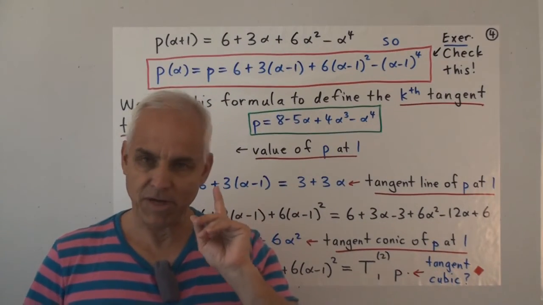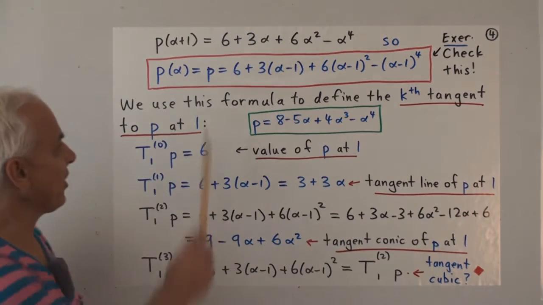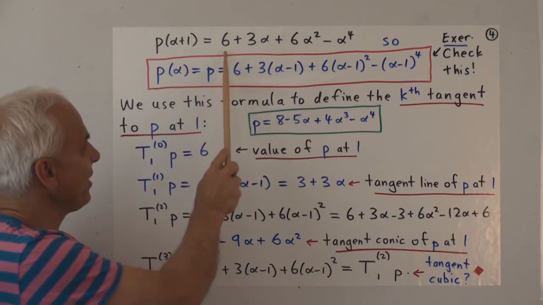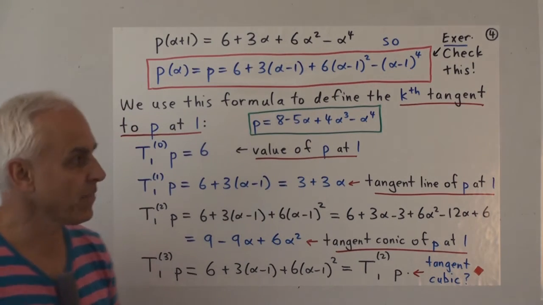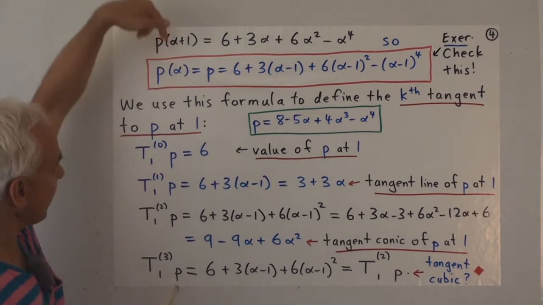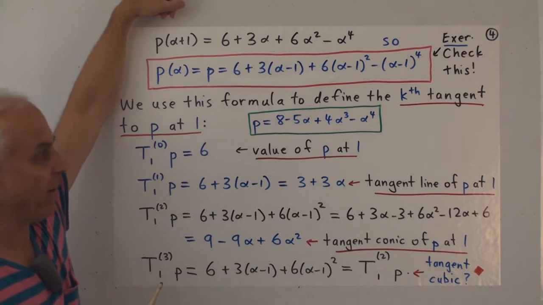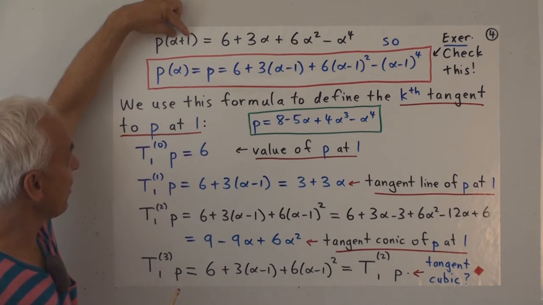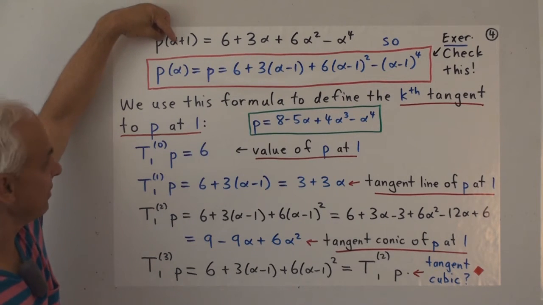We're going to do something rather interesting now to this formula that we've just obtained. So here it is again, P of alpha plus 1 equals 6 plus 3 alpha plus 6 alpha squared minus alpha to the 4th. What we're going to do is replace alpha here with alpha minus 1, with the idea of recovering P of alpha on the left-hand side.